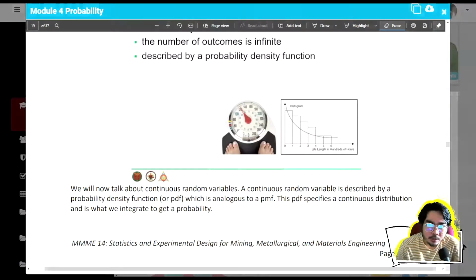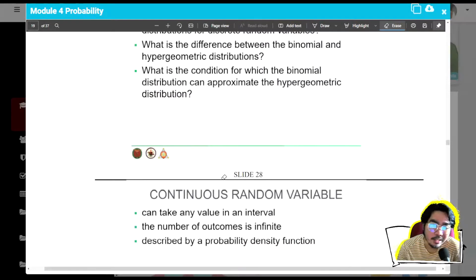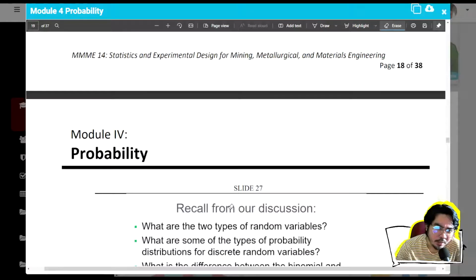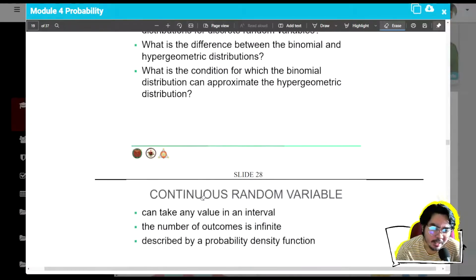So ngayon, we've discussed yung discrete probability functions, specifically yung hypergeometric, binomial, and Poisson, na mostly yung merong success or failures. Pero in most cases hindi naman ganun parati yung mga probability distributions natin.